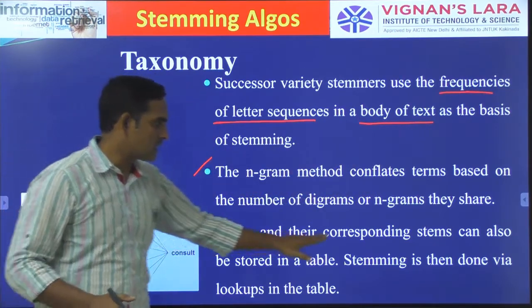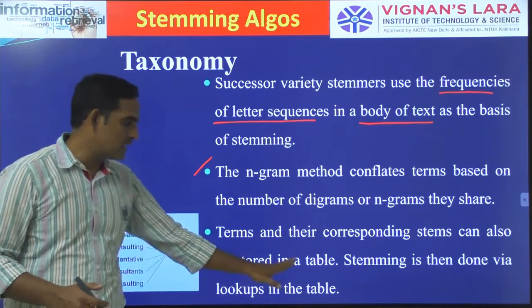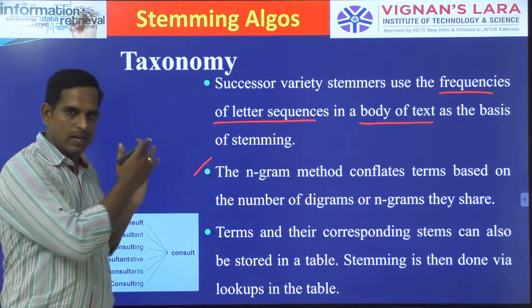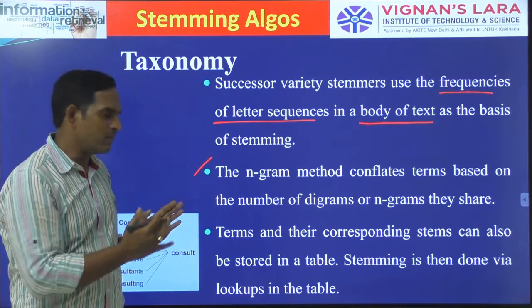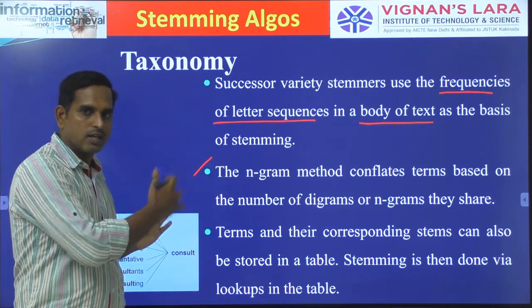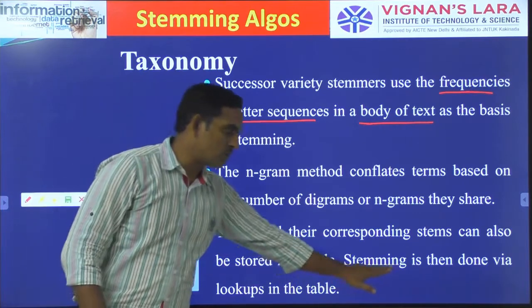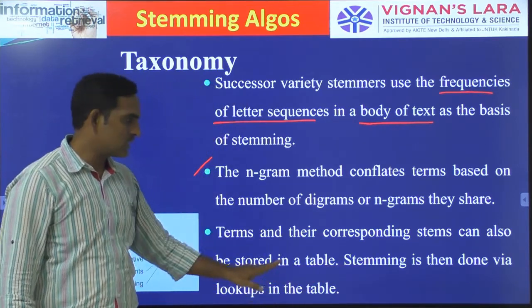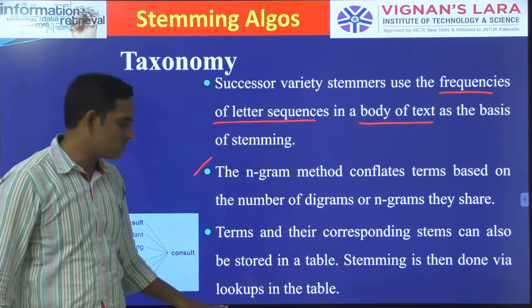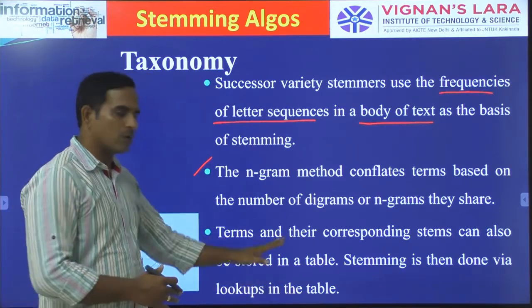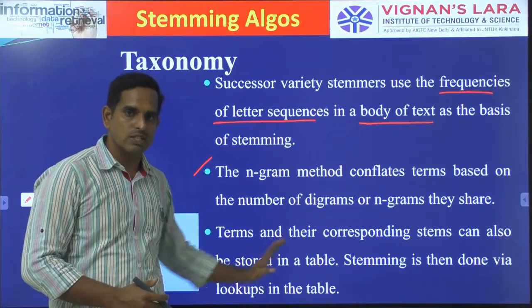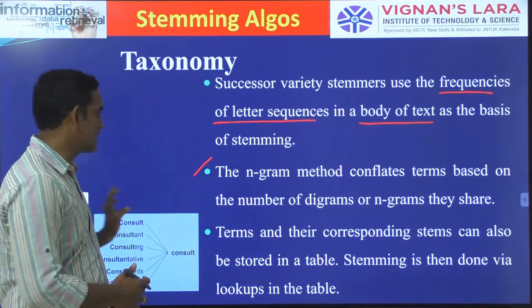Terms and their corresponding stems can also be stored in a table. Along with the terms, we can store the stems in a table. By storing both the terms and the stems, we can perform table lookup operations. That is, stemming is then done by using lookups in the tables. This is another type of stemming algorithm.